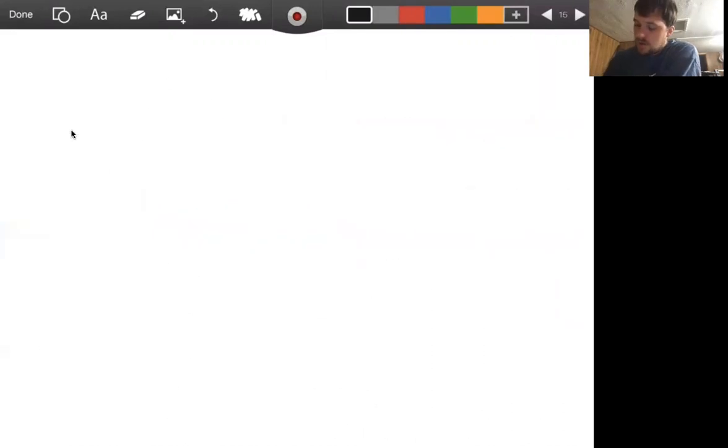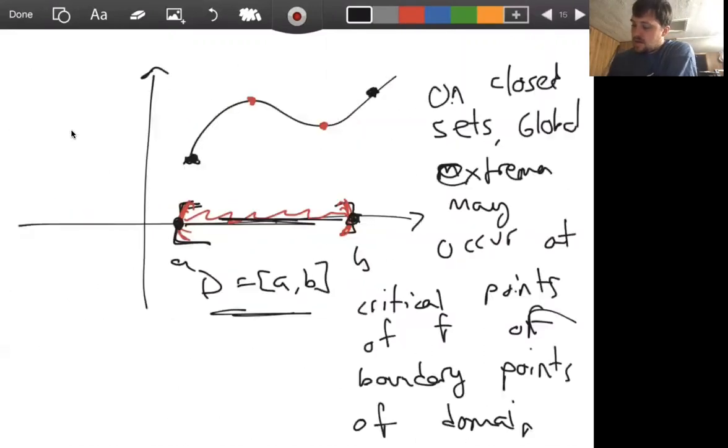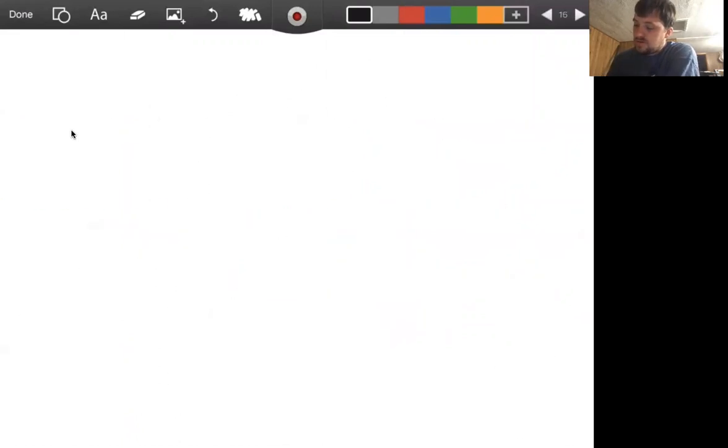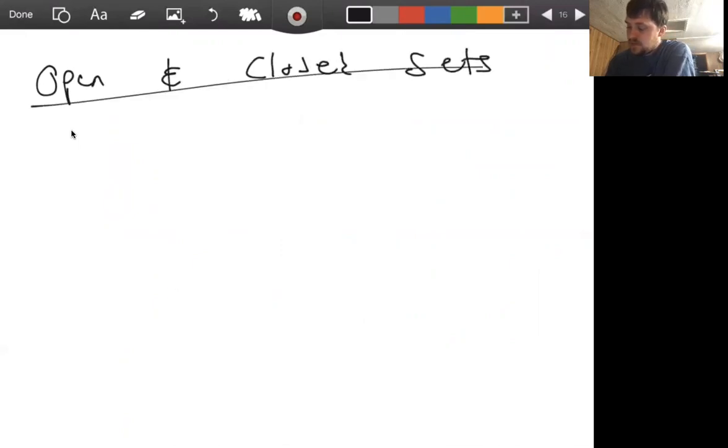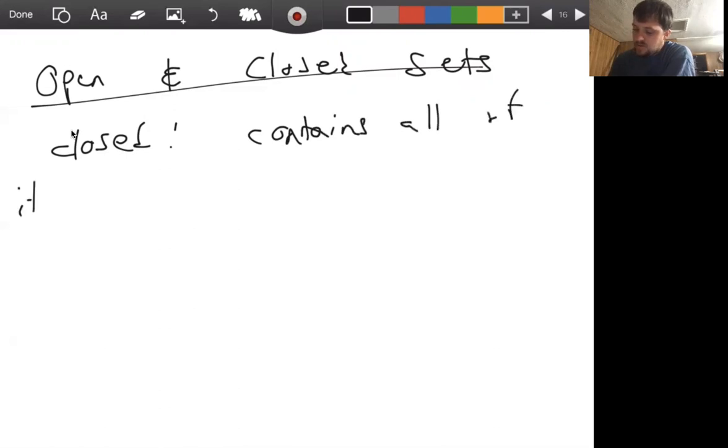And so how do we extend this notion to the multivariable setting? Well, let's look at open and closed sets first. I'll just start with closed. A closed set is a set that contains all of its limit points.